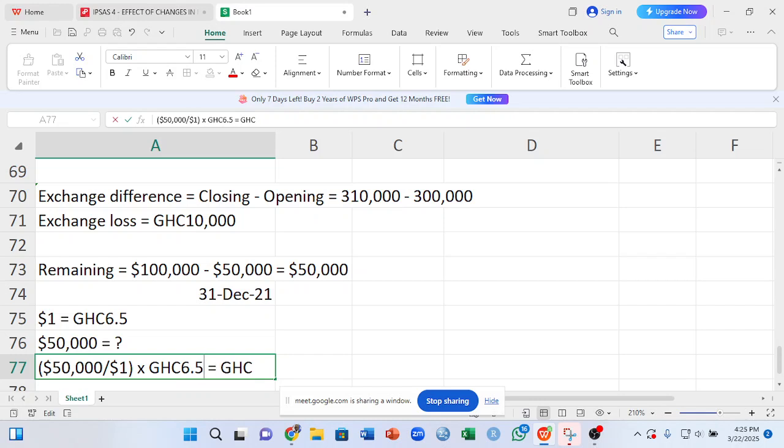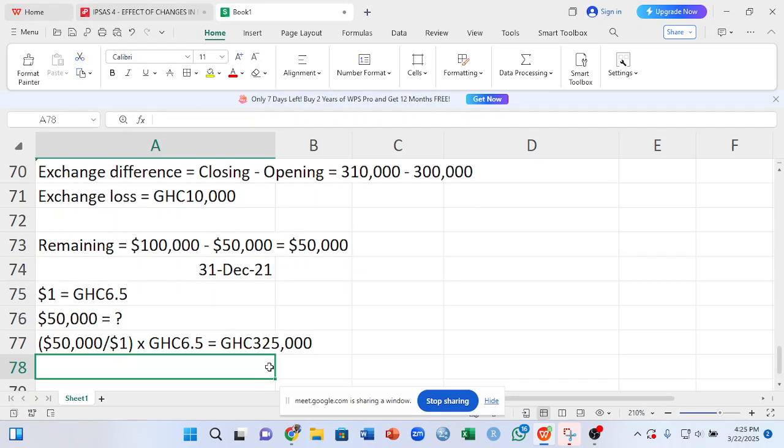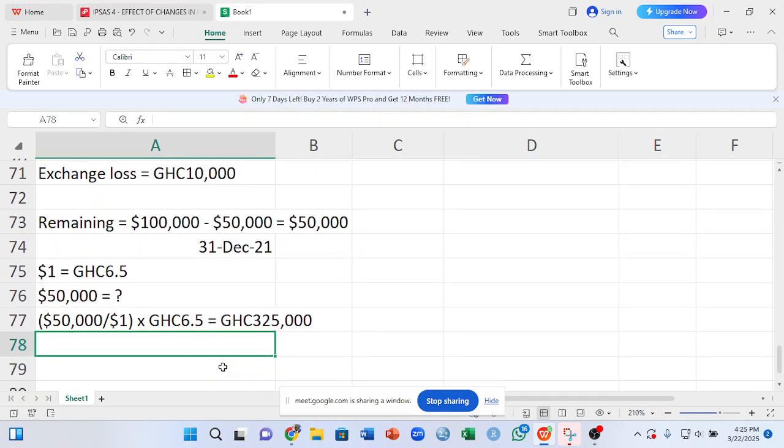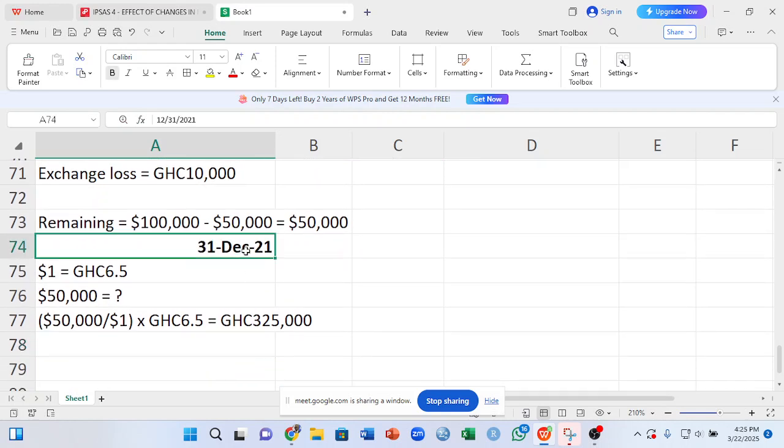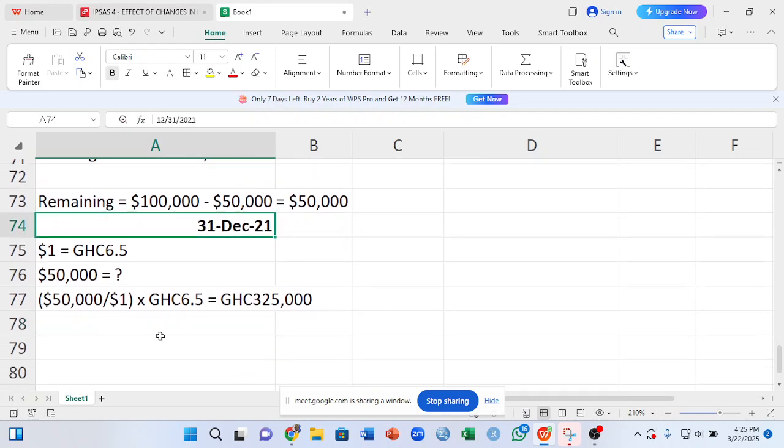Does someone calculate for us? 325,000. Okay, thank you. So it will be 325,000 at this date.